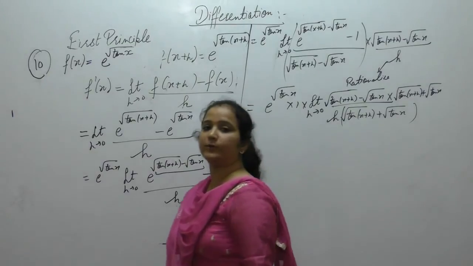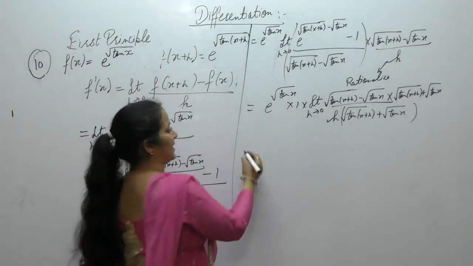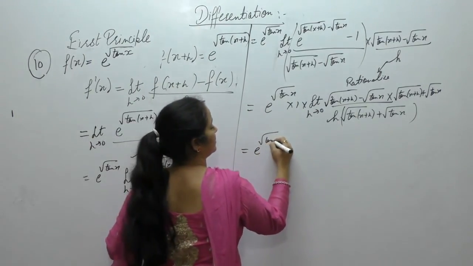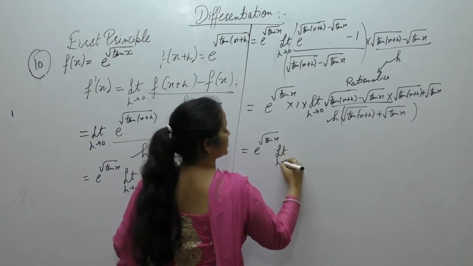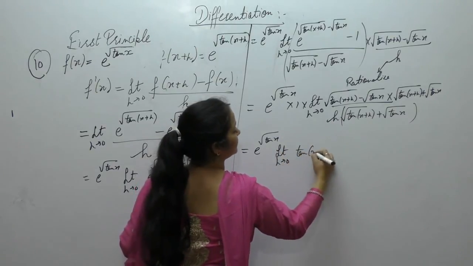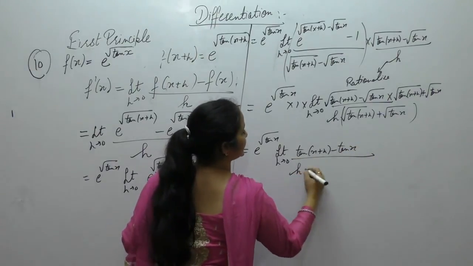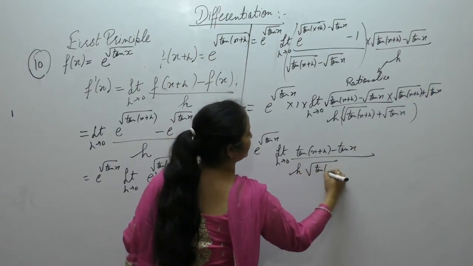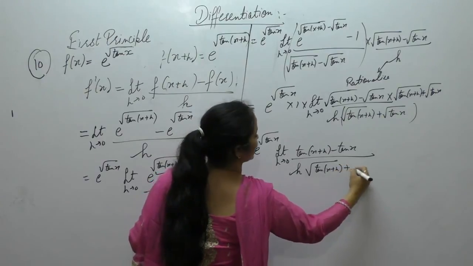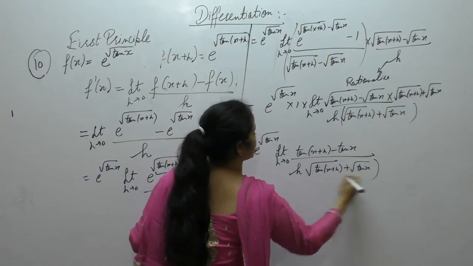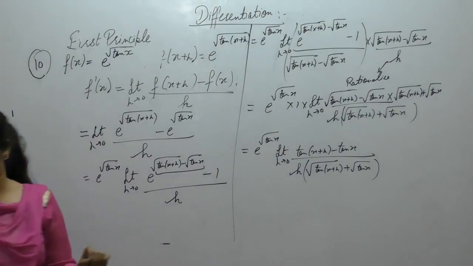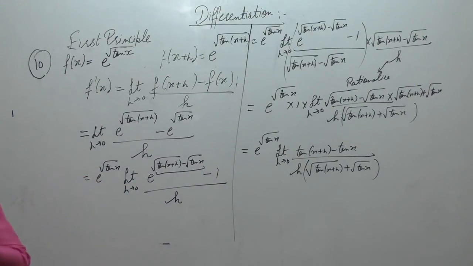Now in the numerator, a plus b, a minus b, a square minus b square, upon h into square root of tan x plus h plus square root of tan of x.